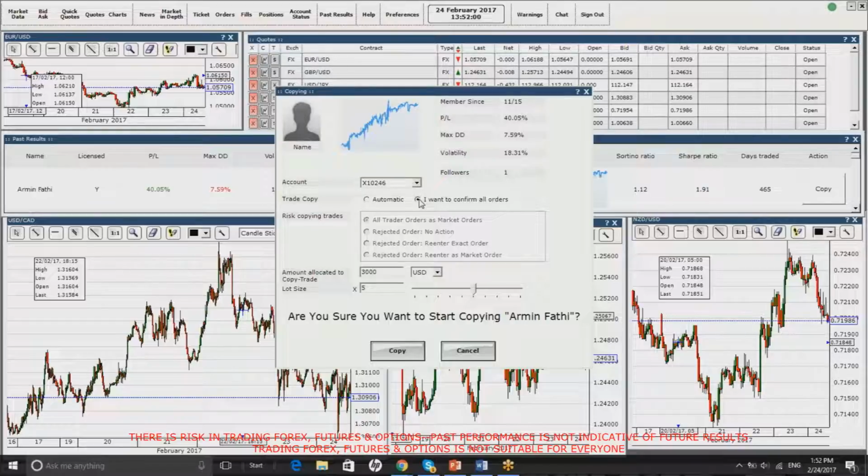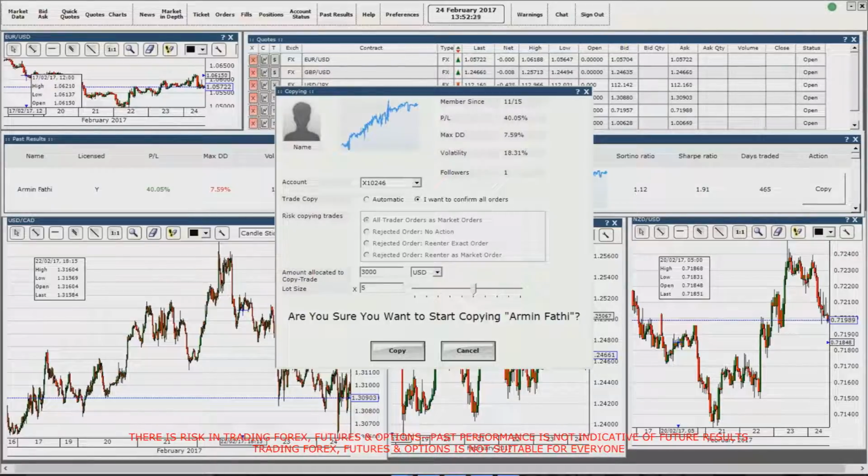Therefore, in order to copy me, it probably makes more sense to decide quickly if you want to copy a trade or not, if you select this I want to confirm all orders function. Now, if you were to click that button, I'm going to highlight this here again. If you were to click copy, you would be copying me now.